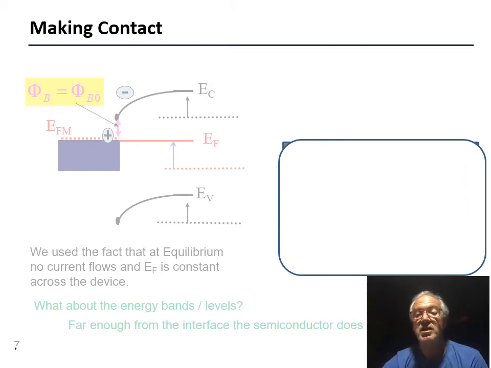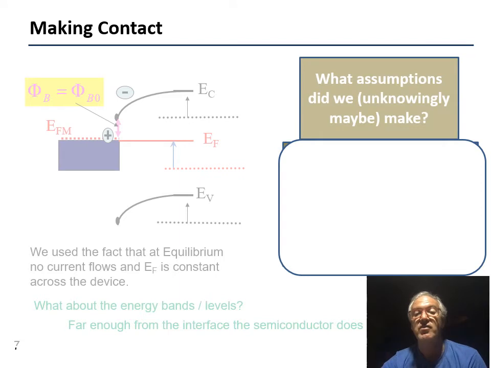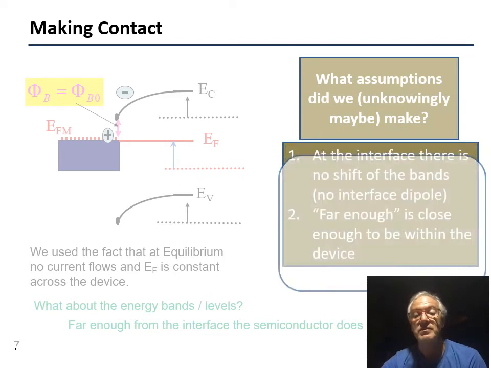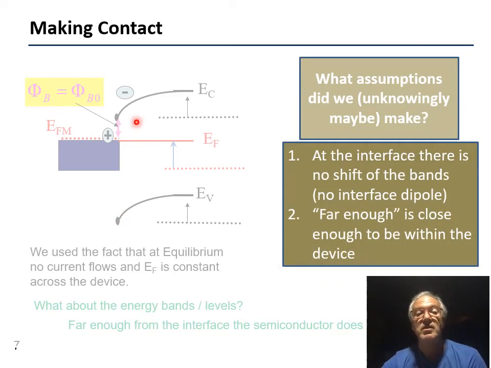What did we assume, or what did I assume while going along and presenting this? First of all, I aligned at the interface the two materials as if there is nothing that would cause a shift, and that means that we assume that there are no dipoles formed at the interface.